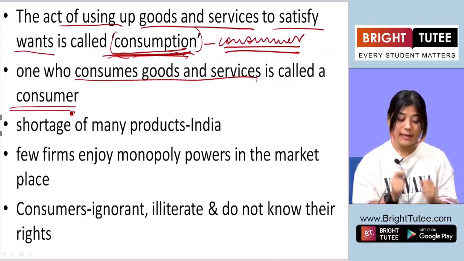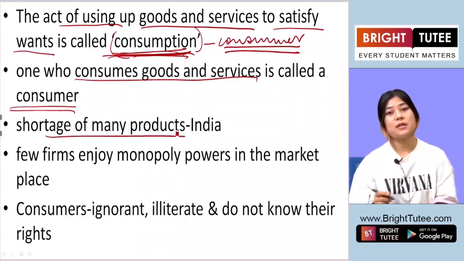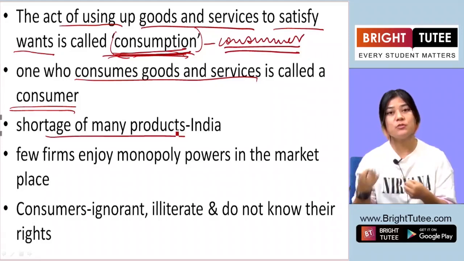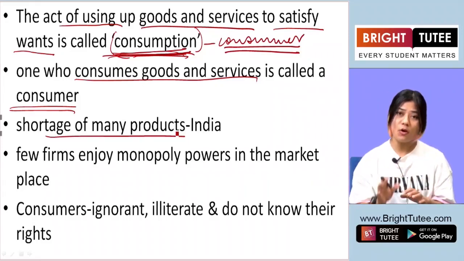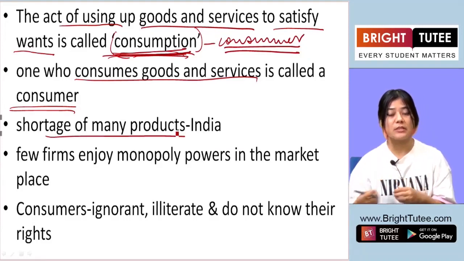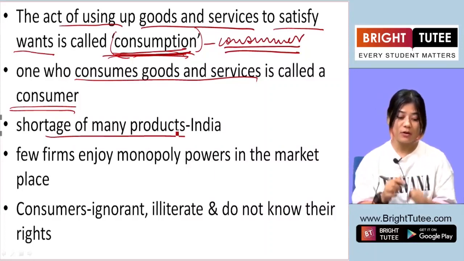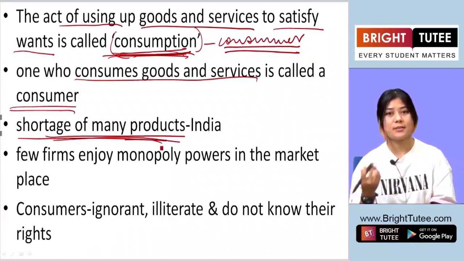Now, in India, there are a lot of shortages of many products. We said that consumption is when consumers use goods and services that they need. But not all the time will the consumers get the required or desired goods and services. Okay? Because there is shortage of many products in India especially.